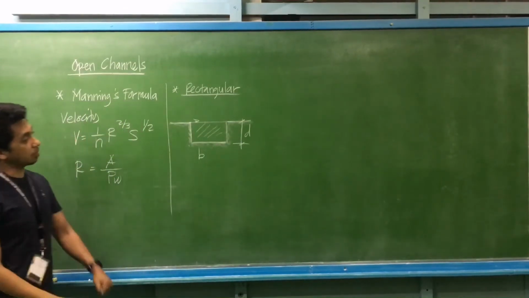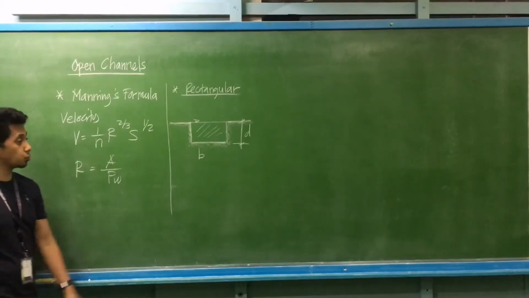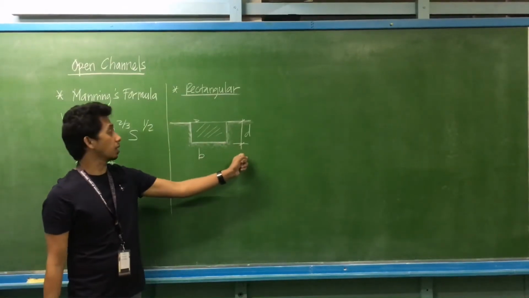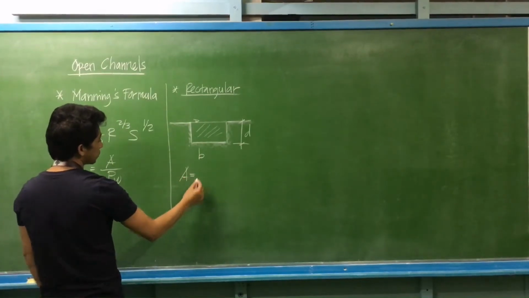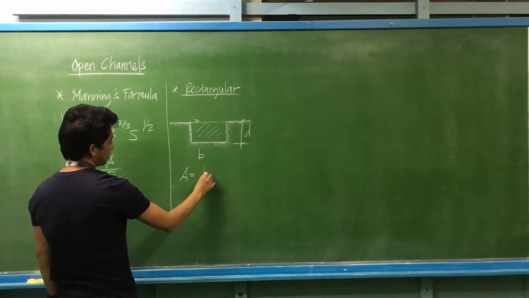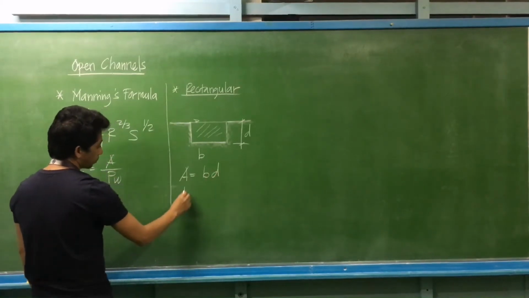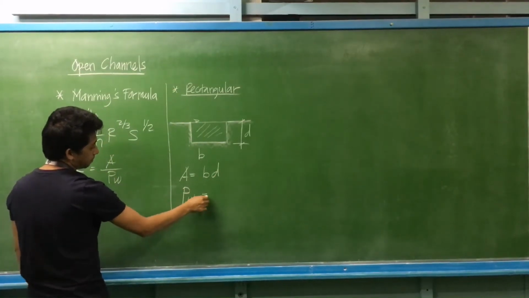For example, we have a rectangular open channel with a base width B and a depth of D. How do we determine the area? The area of this rectangular channel is B times D. How about the wetted perimeter?